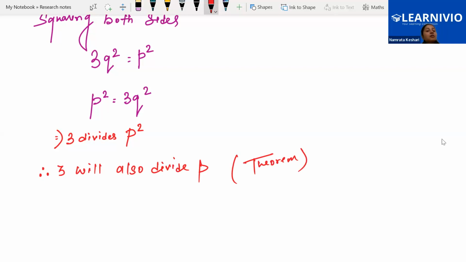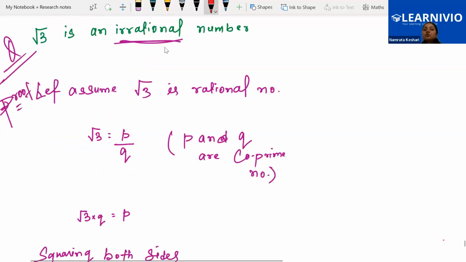And we have learned one concept also. Okay, first let me know, so far is it clear? Let's summarize what we have done. We have to prove that root 3 is an irrational number. We are assuming that it's not irrational, it's a rational number. If it's a rational number, then definitely we can write it in the form of P by Q. This is just our assumption that root 3 is a rational number.